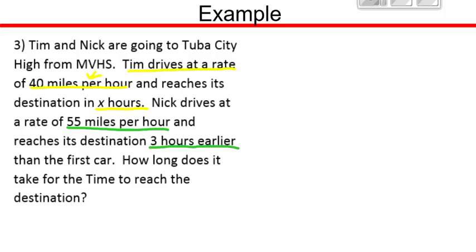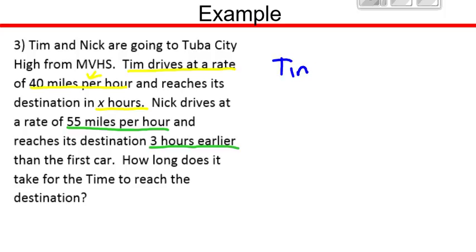So Tim is there X hours, and Nick is there 3 hours earlier. How long does it take Tim to reach the destination? They're trying to figure out how long it takes for Tim to get there if Nick is getting there 3 hours earlier.